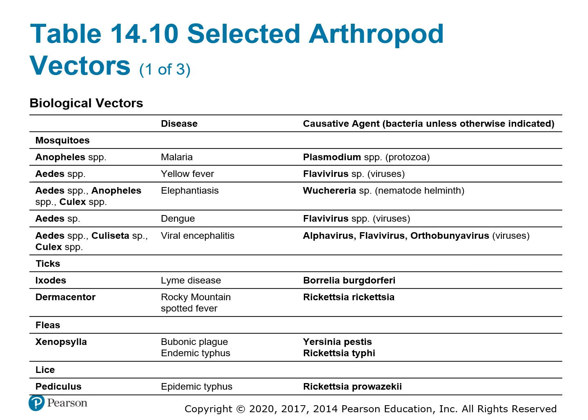We don't see a lot of malaria in the United States anymore, thank goodness, but we used to. But there's other mosquitoes like the Aedes and different species of Aedes that cause yellow fever and elephantiasis and dengue fever, and viral encephalitis. So you can see that there's different species that are causing this.